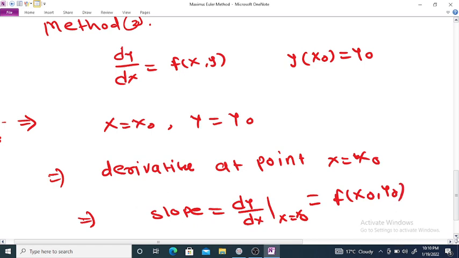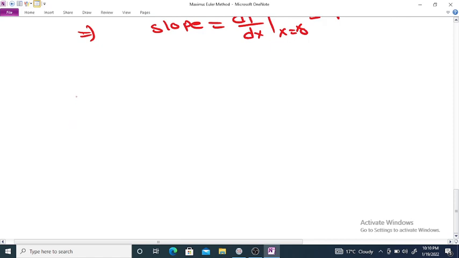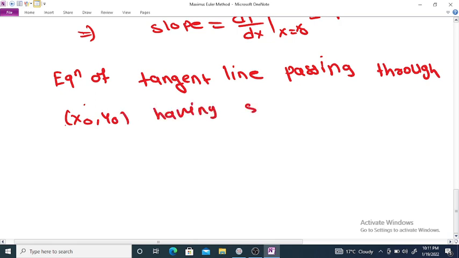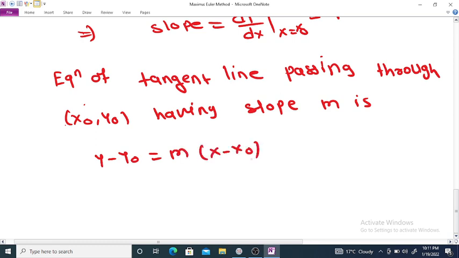We know that the equation of tangent line passing through x0, y0 having slope m is y minus y0 is equal to m times (x minus x0).